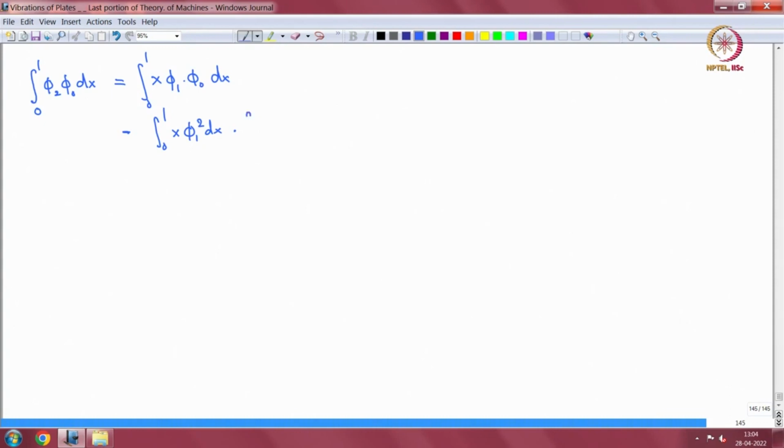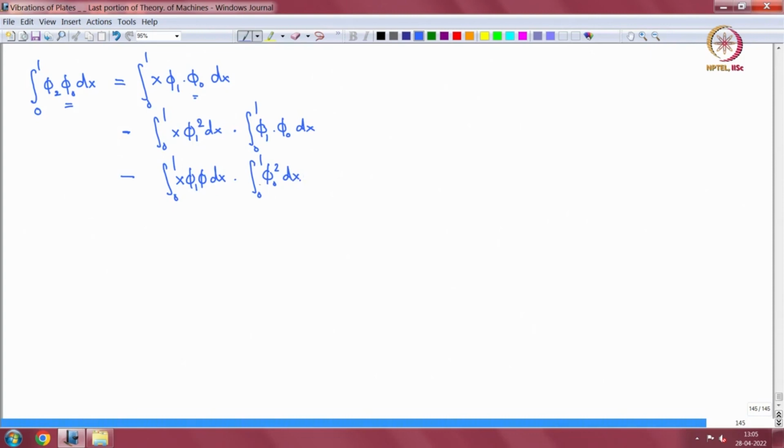So, I have integral 0 to 1 phi 1 and phi 0 as I did here dx, and lastly I have minus integral 0 to 1 x phi 1 phi 0 dx already into phi 0. Then I multiply by one more phi 0, so phi 0 square dx.